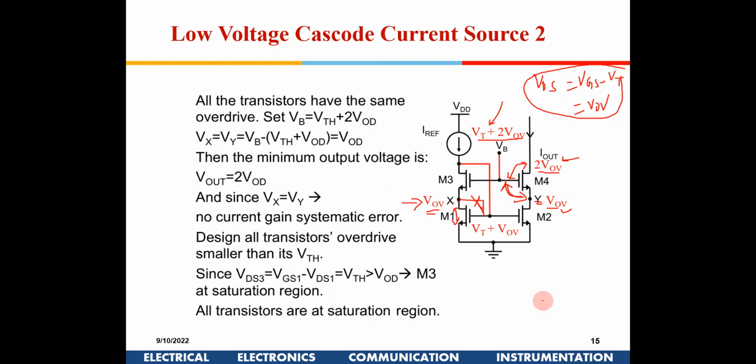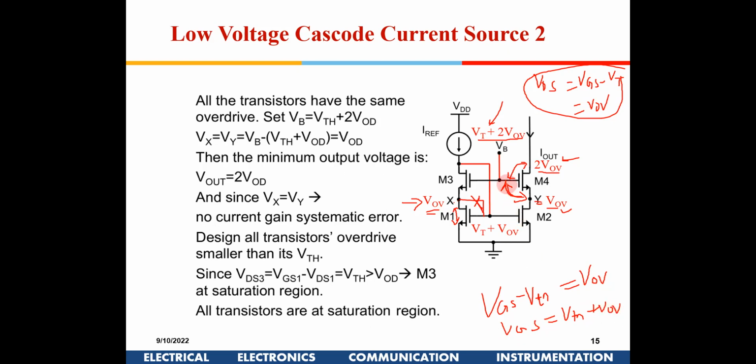VGS minus VTN is known as the V overdrive, equal to VDS. Yes, sir. VGS minus VTN is known as the V overdrive, or VGS is equal to VTN plus V overdrive.